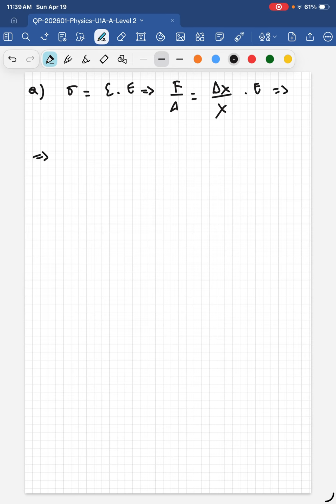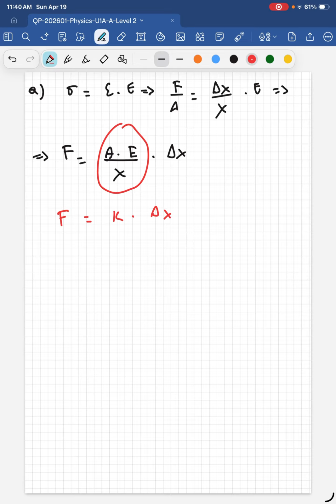So in other words, force is equal to area times the Young's modulus times delta x over x. This is a constant which you can recognize as force is k times delta x.